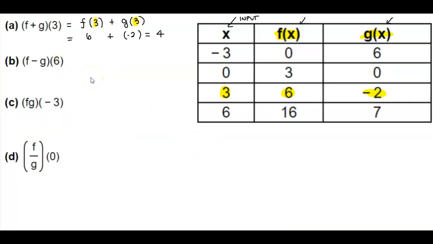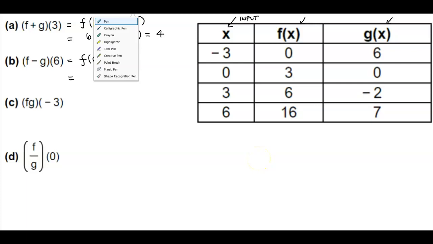Okay, the next one, we have f minus g of 6. So that means we have f of 6 minus g of 6. Let's go ahead and change these highlights so we can do this correctly here. So now we know that our input is 6. So when our input is 6, what's the output for f?